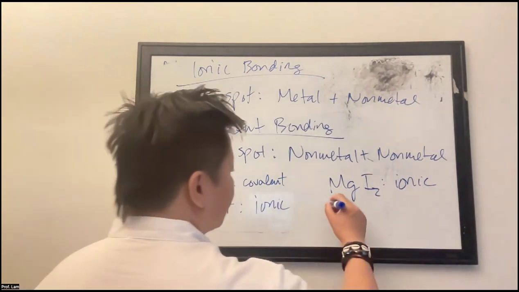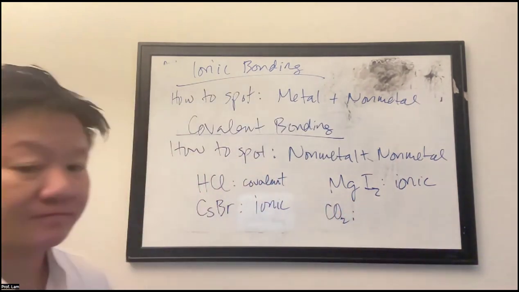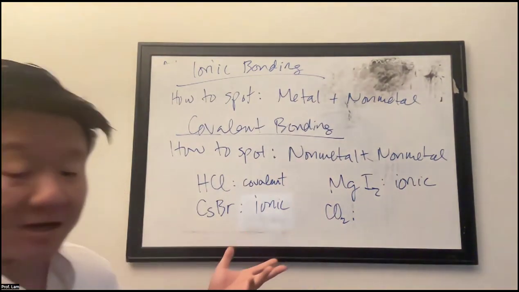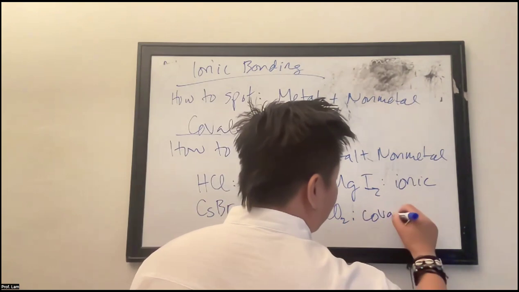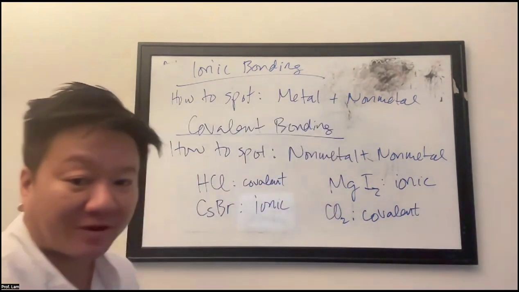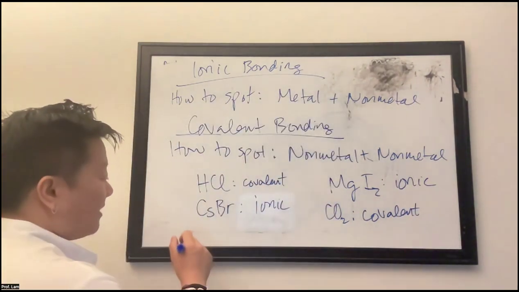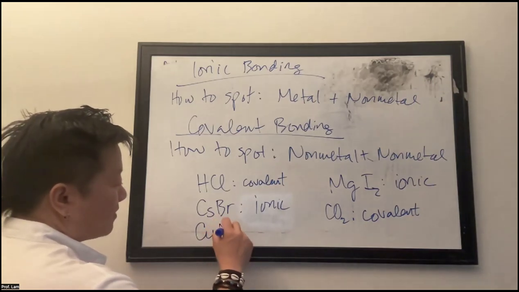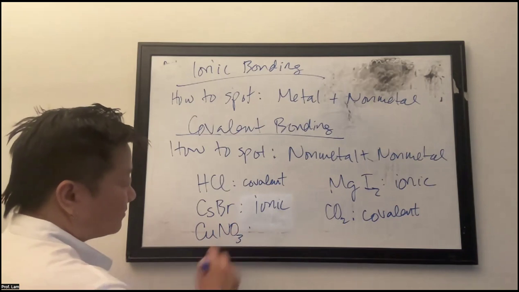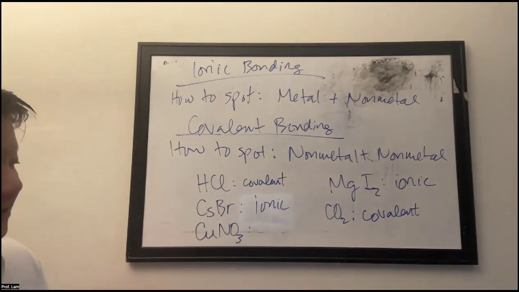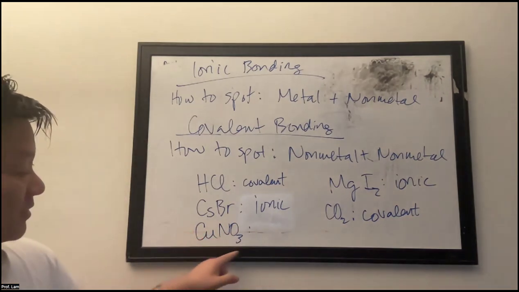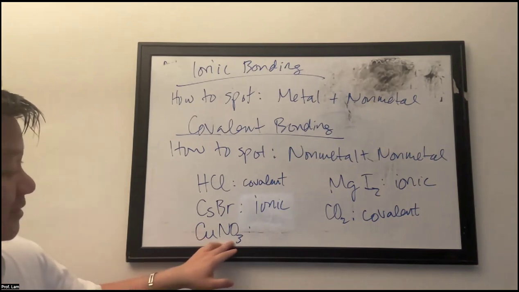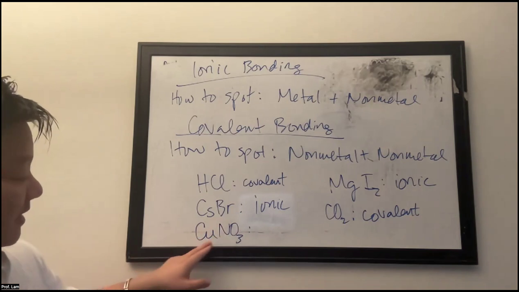What if I say CO2? That's easy too. That's a non-metal. Oxygen non-metal. So, okay, straightforward, right? I can say copper nitrate, CuNO3. In a second, I'm going to show you what this nitrate is. It's a polyatomic, but still you can see that these are just nonmetals, and this one's a metal.